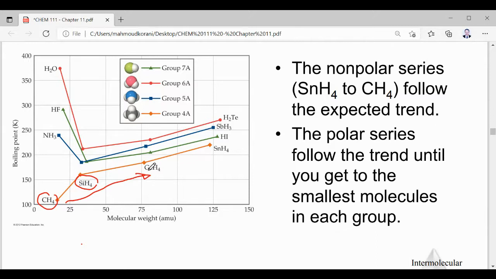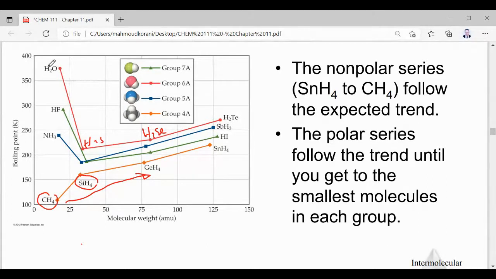Now going to higher groups 5, 6 and 7. Let us start with group 6, which contains oxygen and sulfur: H2O, H2S, H2Se and H2Te.